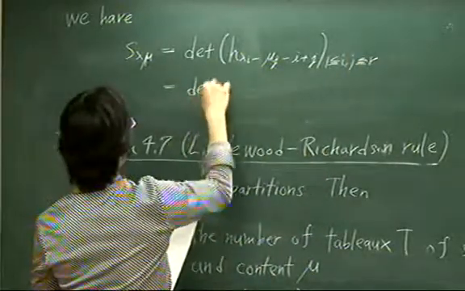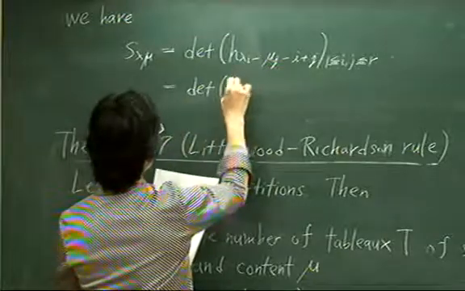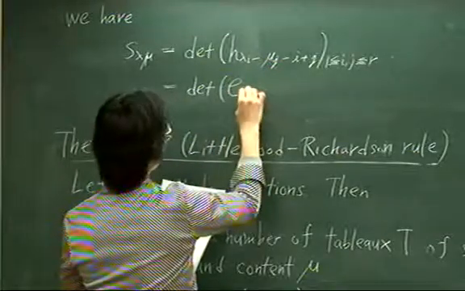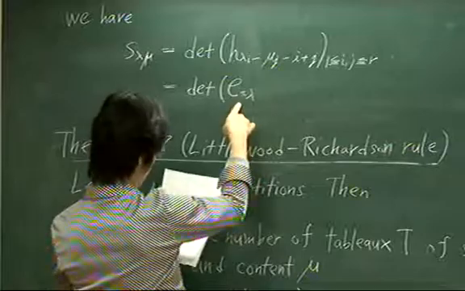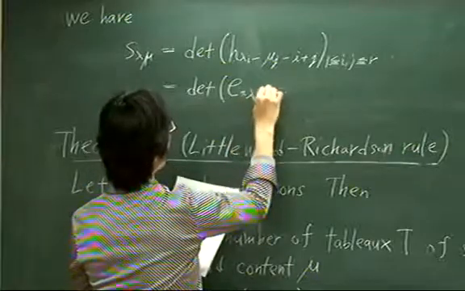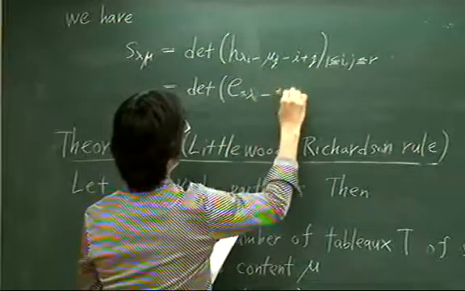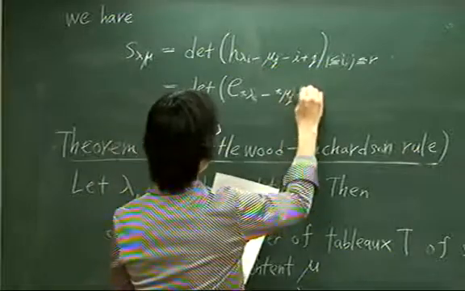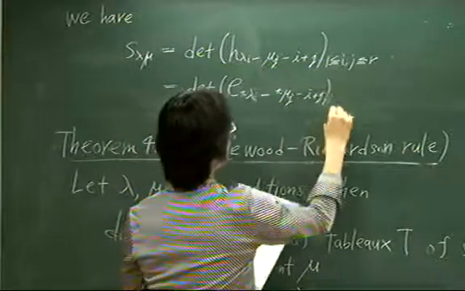Or equivalently, using the elementary symmetric polynomial, the determinant of E conjugate lambda_i minus conjugate mu_j minus i plus j.